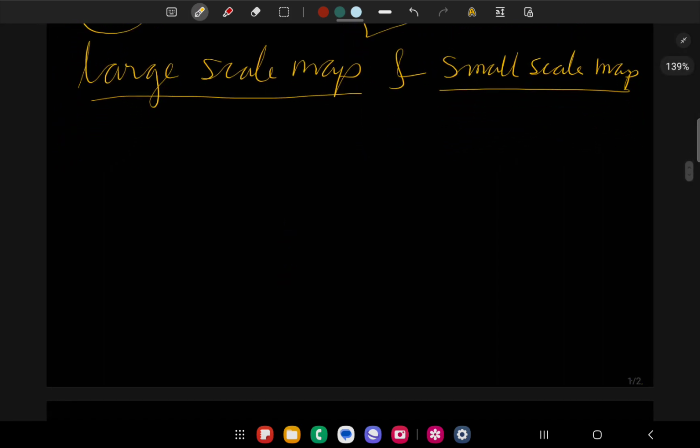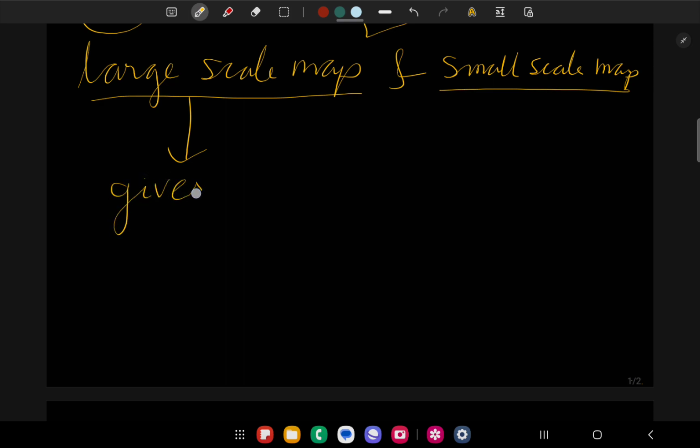What is the meaning of these two? Okay, let's start with the large scale map. If a map gives you more details about an area, then it will be called a large scale map.